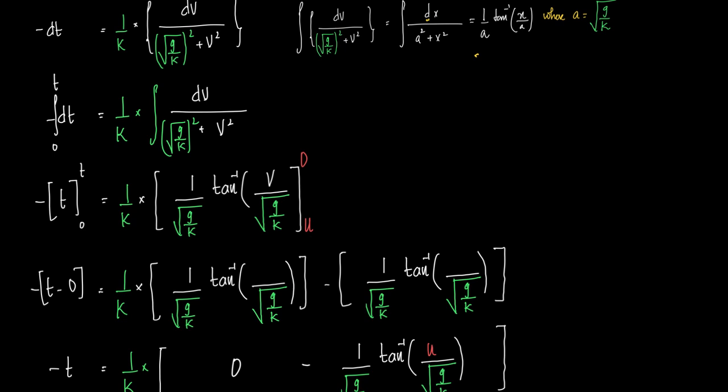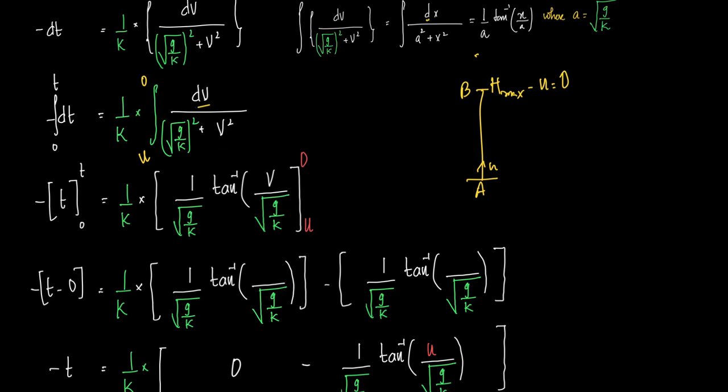The velocity is varying from u to the final maximum velocity, which is 0. Why that limit? Because the ball is projected from a with some velocity u, and at the final point b, which is the h max, the body is momentarily at rest, and therefore the velocity there is equal to 0.